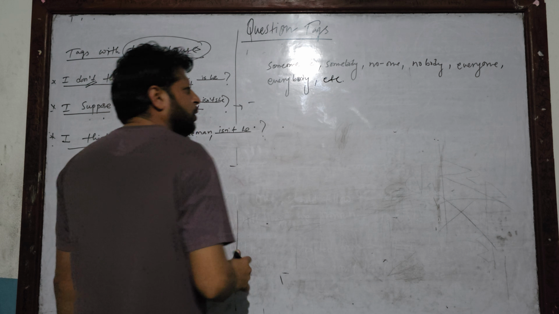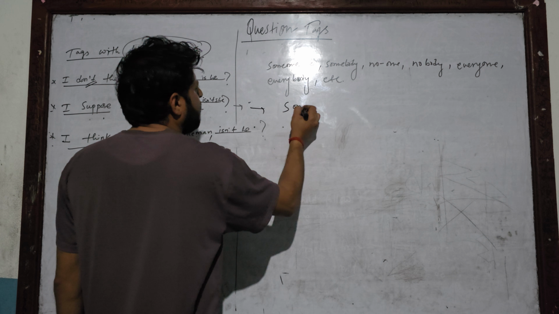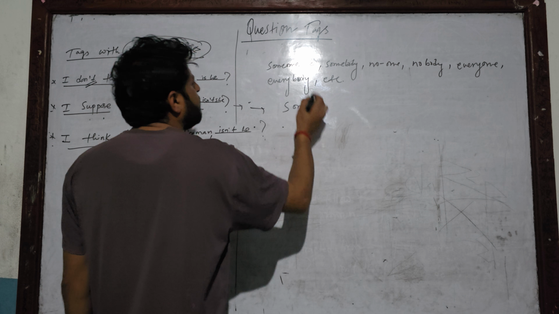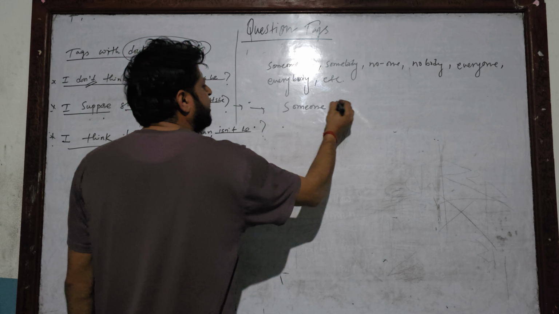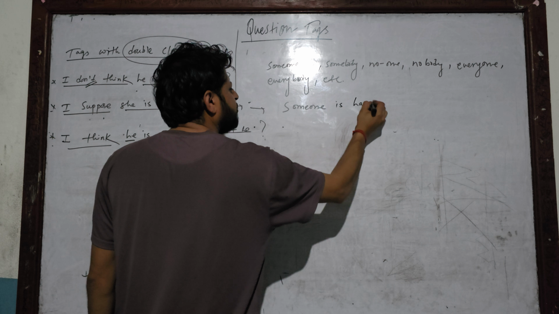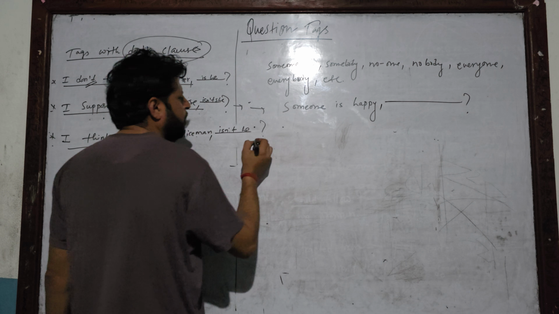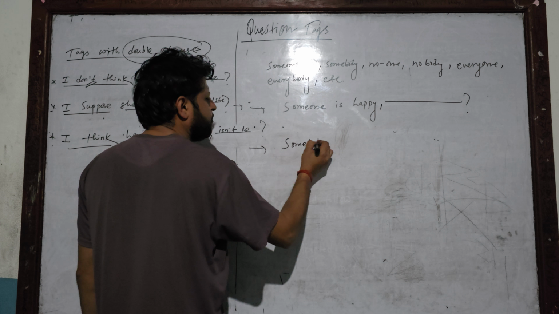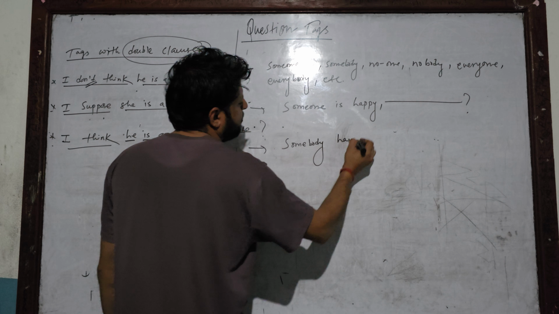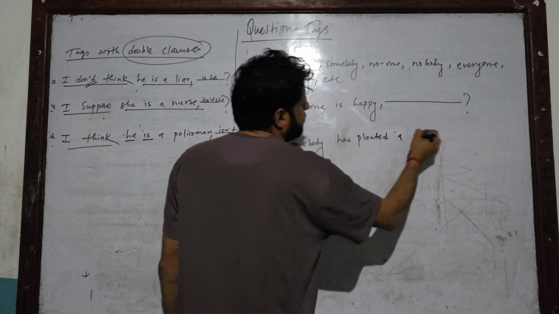Okay. So how do we make tags for sentences like: Someone is happy. Okay. Similarly, somebody has planted a tree.